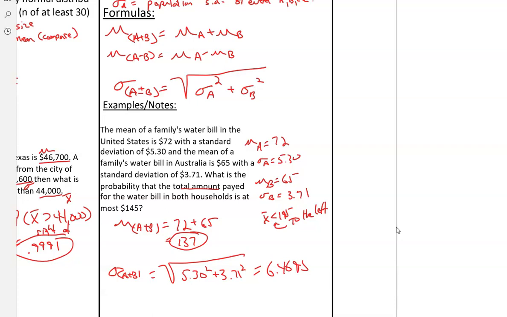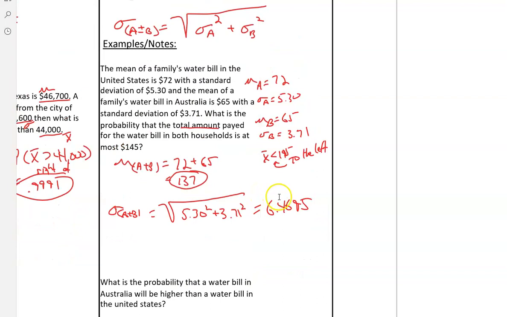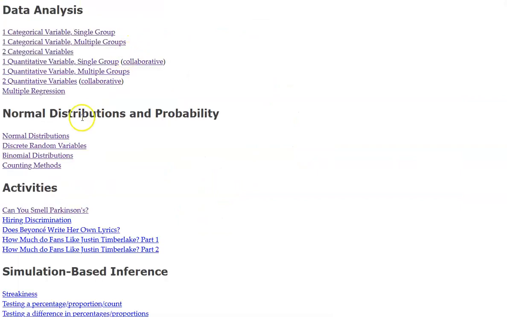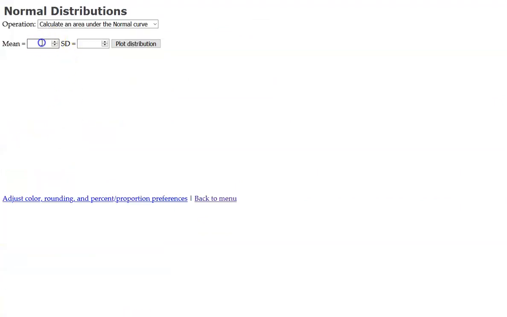So 137 is my mean, 6.4695 is my deviation. I'm looking for the probability that it's less than 145, so to the left of 145. All right, so let's go ahead and go to Stapleit, and from Stapleit you're going to go to normal distribution again. The mean was 137. The standard deviation was 6.4695.